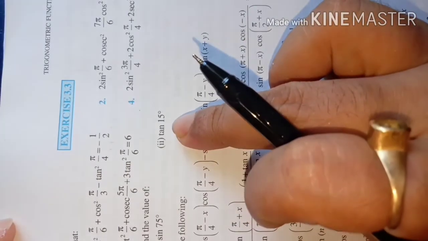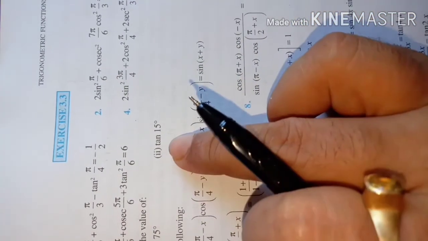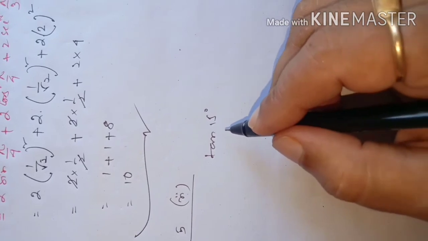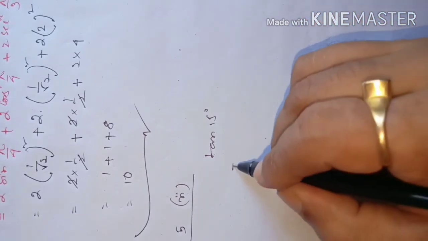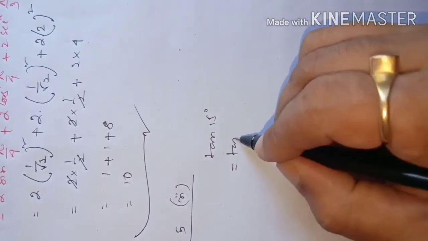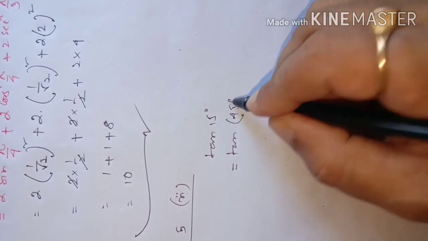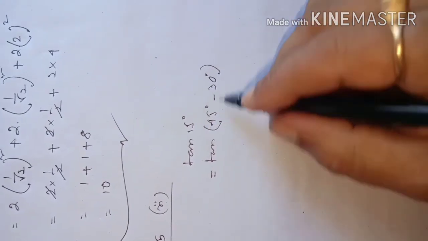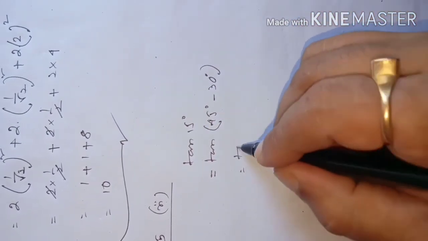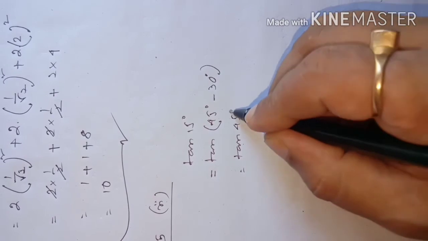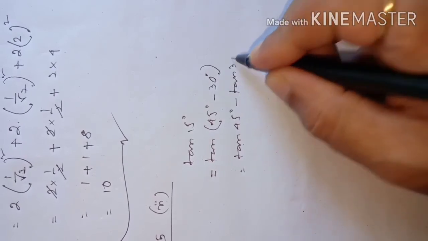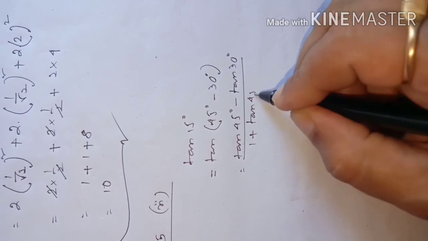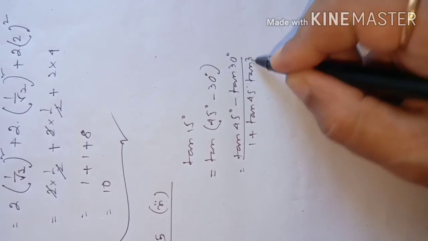Question number 5, Roman number 2, tan 15 degree. Just you see, this 15 can be expressed as a difference of two known angles, say 45 minus 30. So we can split this 15 as 45 minus 30. So that will be tan 45 minus tan 30 divided by 1 plus tan 45 into tan 30 by identity.